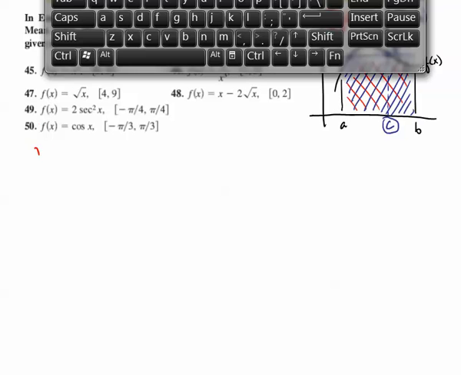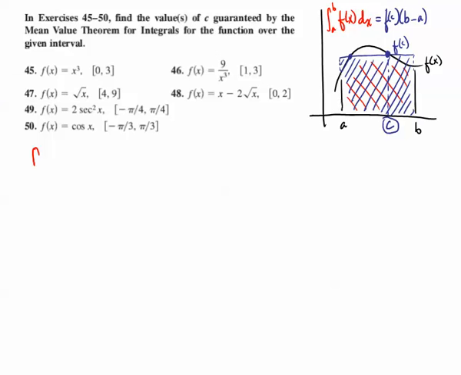And we'll work with number 45. So we have the integral from 0 to 3 of x to the third dx. And that is the antiderivative.